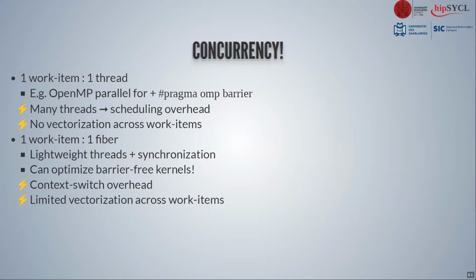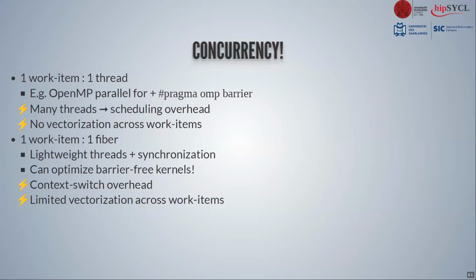In one work group thread, you then use fibers, which are more or less like coroutines. So whenever you reach a barrier in the kernel, you just yield to the next work item so that it can reach the barrier or the end of the kernel. This also makes it quite easy to optimize kernels that don't contain a barrier, because you never yield to a new work item before you exit the kernel.